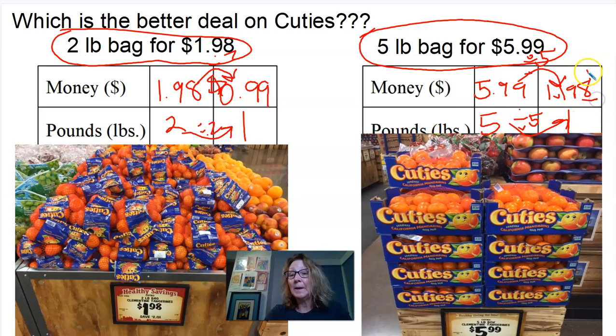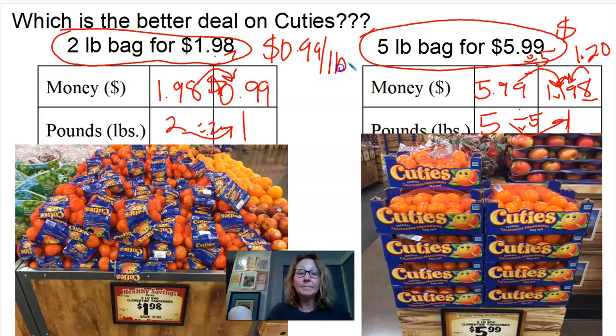So I look at the 8, I bump up the 9 to a 0, which means I also bump up the 1. So this is $1.20 per pound, and this was 99 cents per pound. So the better deal, of course, is the one that costs less per pound.